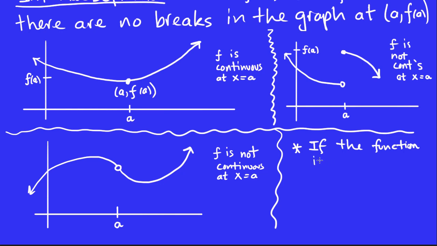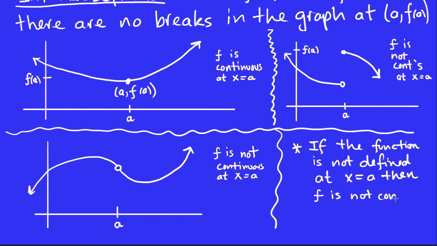If the function is not defined at x equals a, then most certainly it's not continuous there. Continuity demands that the function be defined at that number. So if that number a is not in the domain, in other words, the function is not defined there, then right away, you don't have to do anything else. f is not continuous at that value of a, at x equals a.